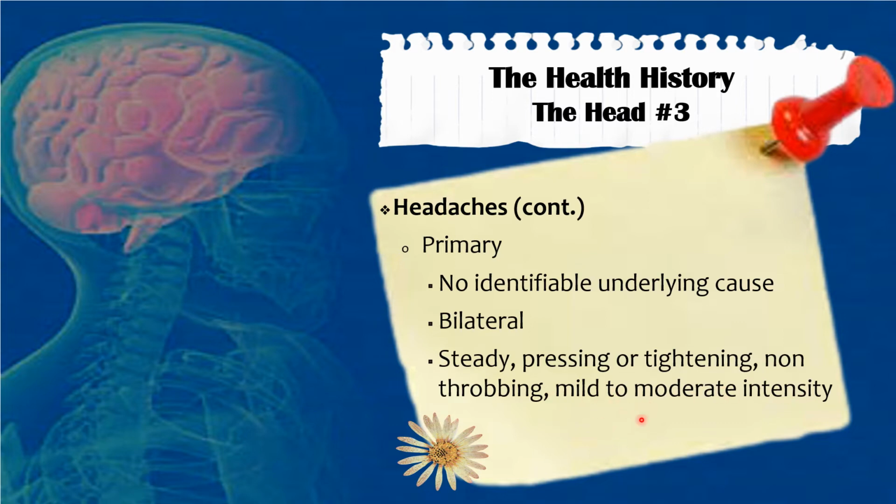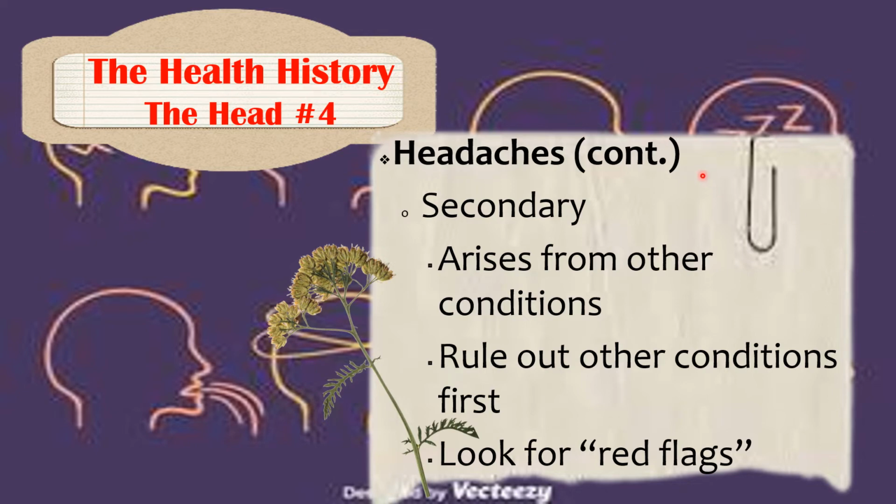It is mild to moderate intensity. So, the secondary headache arises from other conditions. Some of these conditions may endanger the life of the patient. So, it is important to rule out other conditions first.